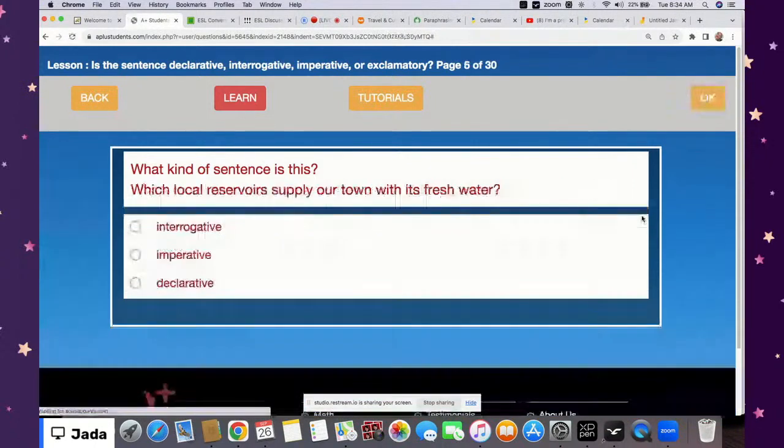All right. So moving on. What kind of sentence is this? Which local reservoir supply our town with its fresh water? So what's gonna be this one? Look carefully and then you.